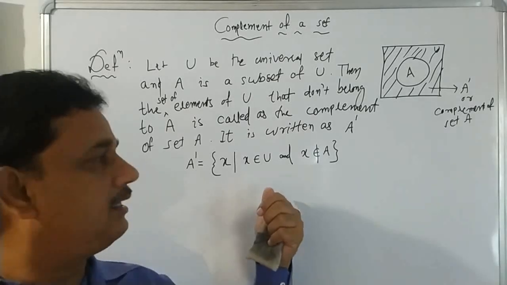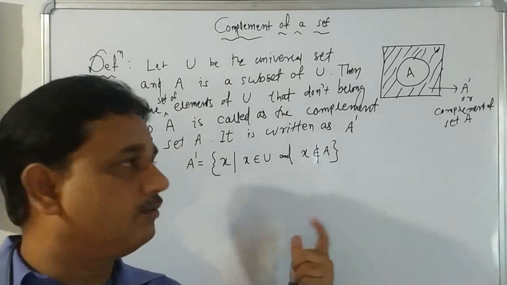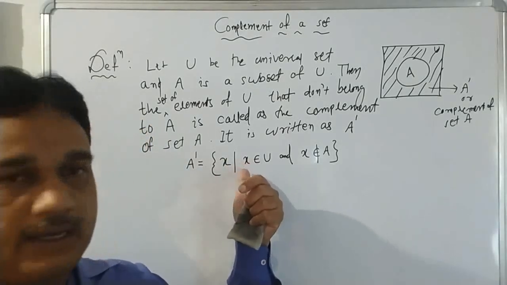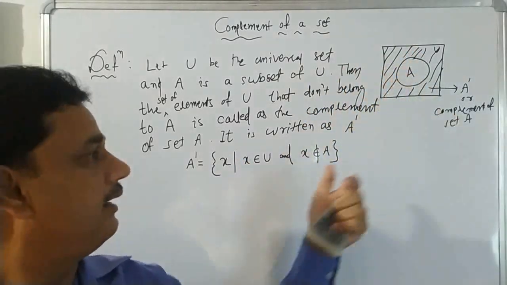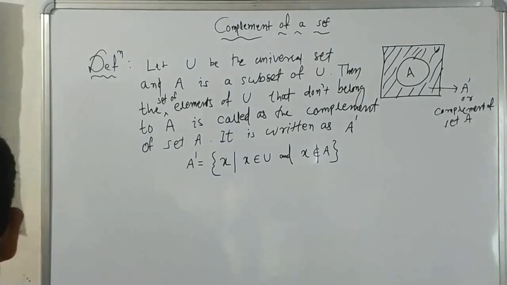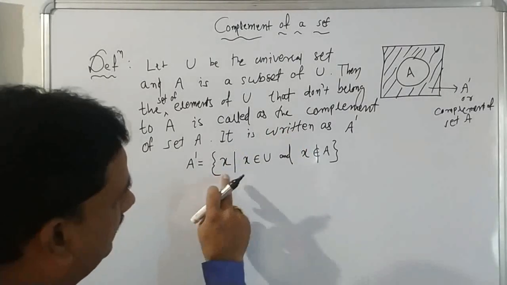Already you have read that one, I think. A minus B means X belongs to A and X doesn't belong to B. So X is the element that belongs to U but doesn't belong to A. Okay, so this is the definition of complement of a set.